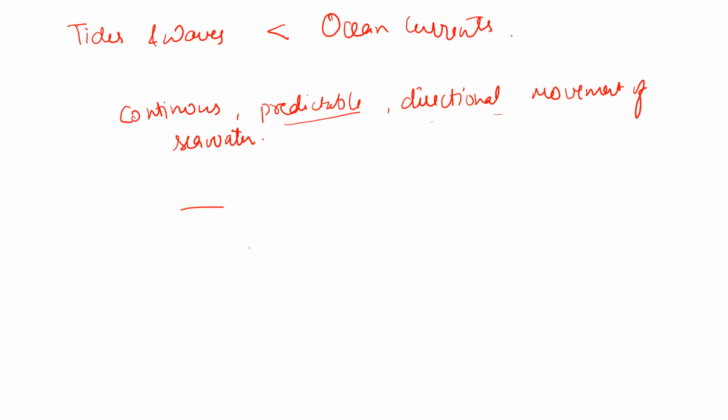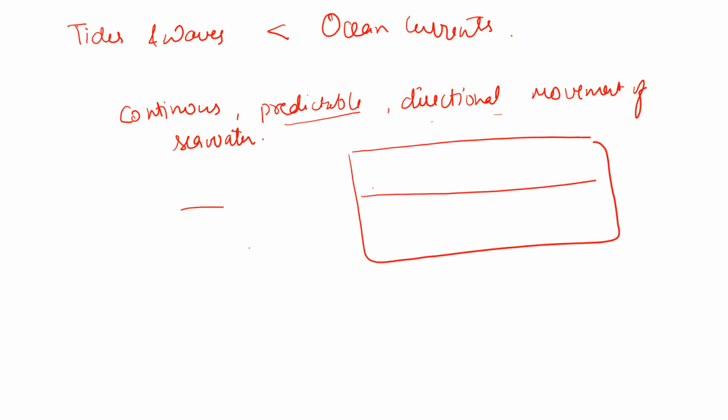There are various reasons behind the movement of ocean currents. Okay. The movement in ocean water takes place in two directions. If this is our ocean, then it will move like this, horizontally, or it can move upward.